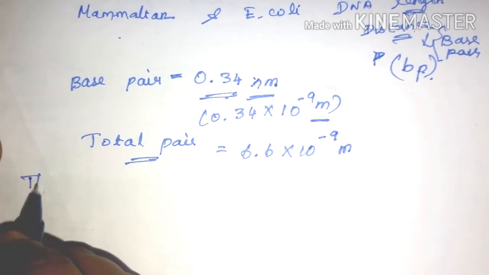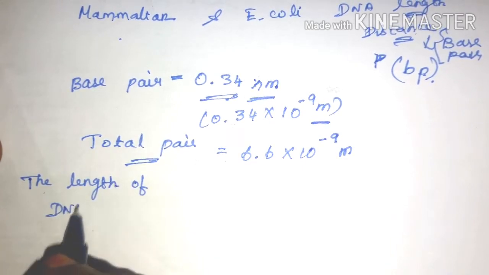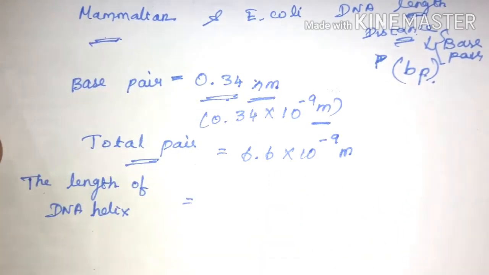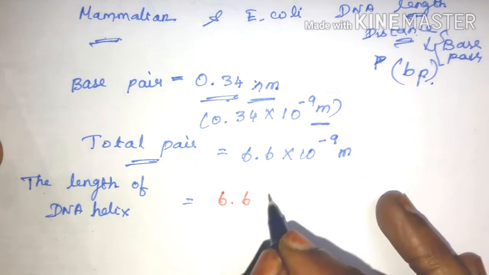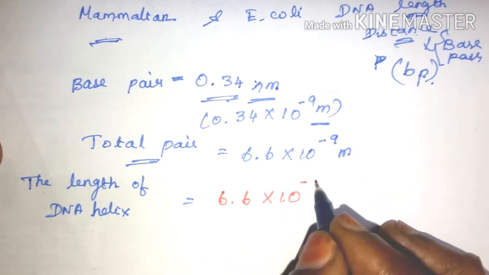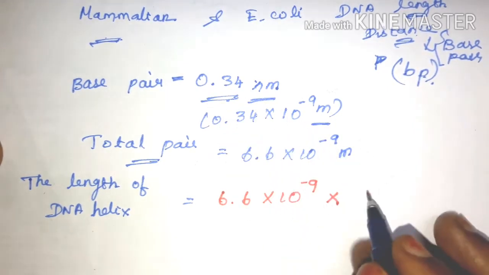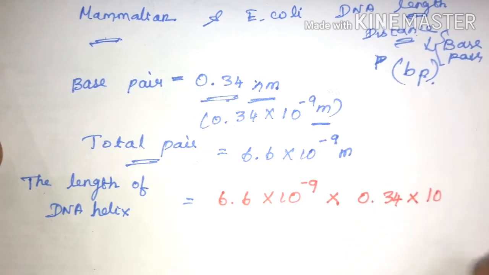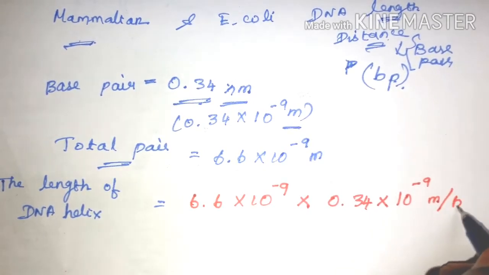The length of the DNA helix in the case of mammalia is the total pair distance multiplied by the single pair distance, in meter per base pair.